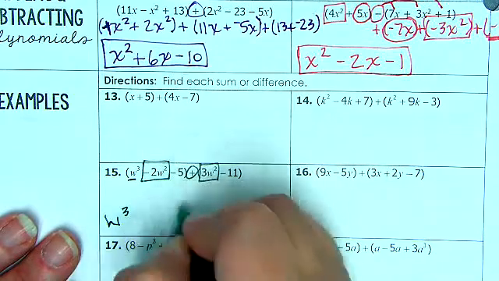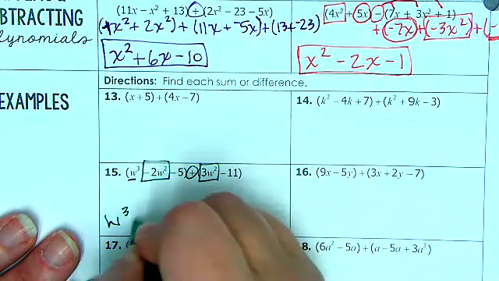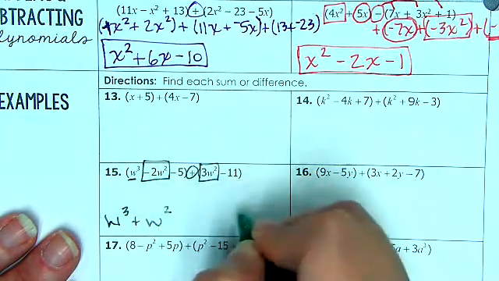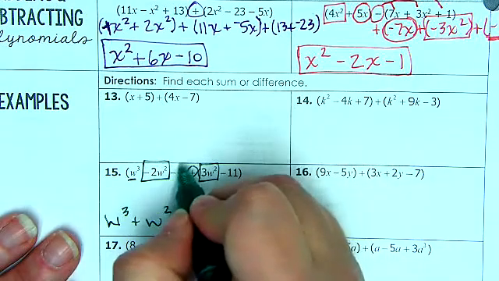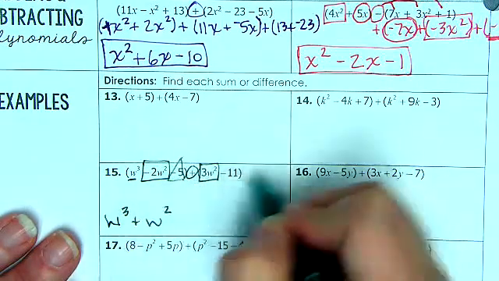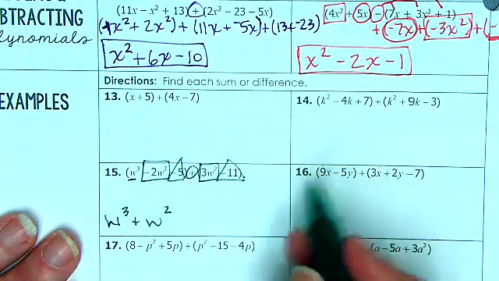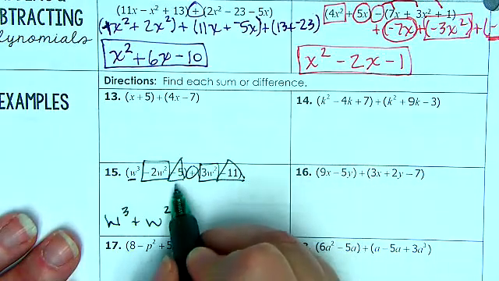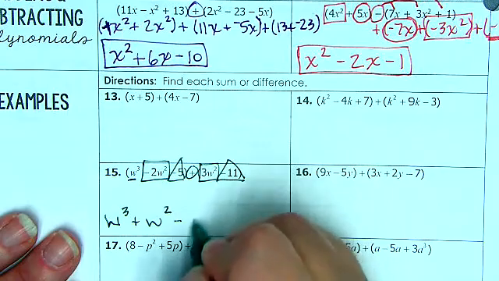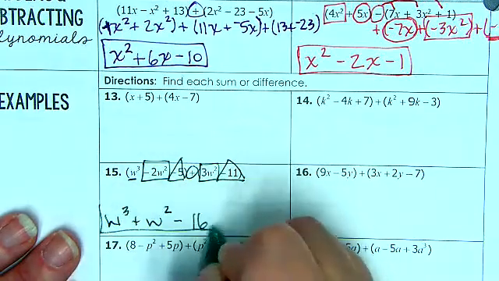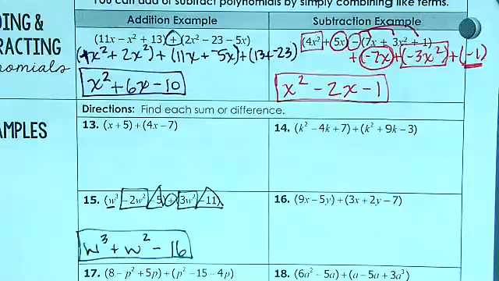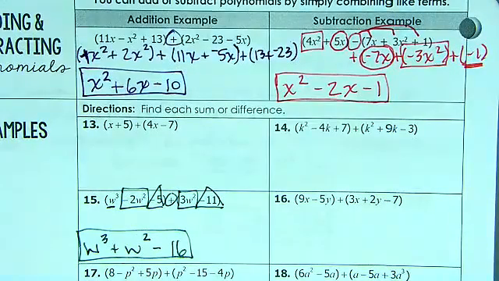So that's going to give me, following my integer rules, plus w squared. And then we have negative 5 plus negative 11, which is negative 16. And it's written in standard form already, and I'm good to go.